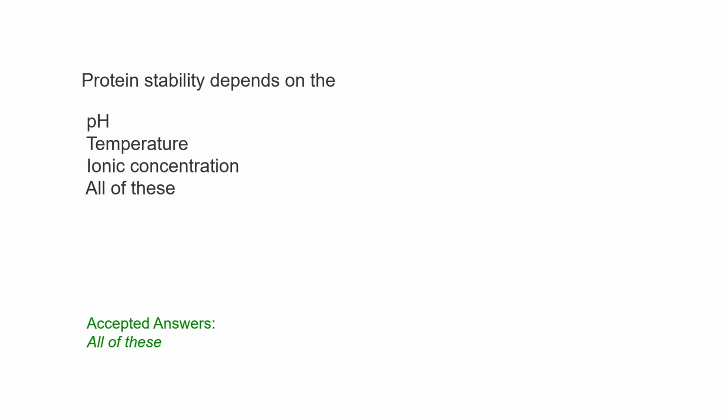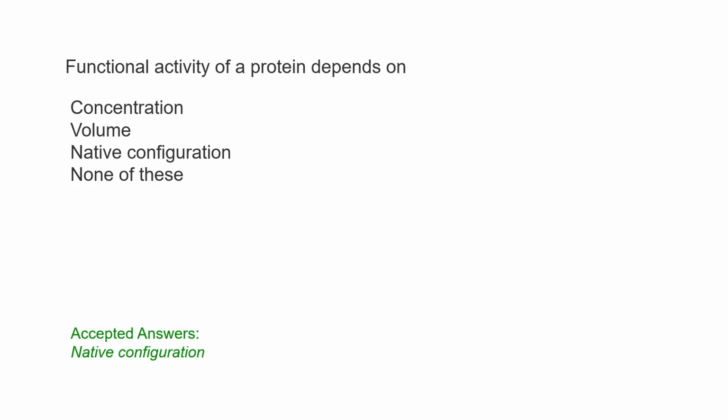The protein stability depends on, so all of these parameters: pH, temperature, and ionic concentration. Changes from the optimal pH, temperature, or ionic concentration affect the stability of the protein. Now the next question was, functional activity of a protein depends on concentration, volume, native configuration, none of this.